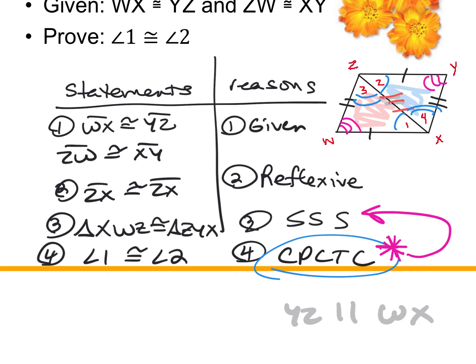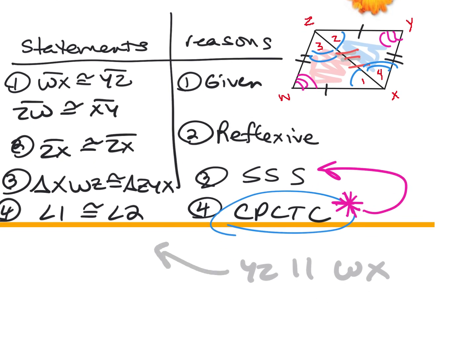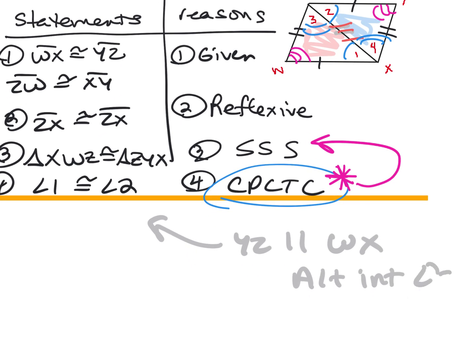But we can't use the alternate interior angles theorem to show that 1 and 2 are congruent. Does that make sense? Okay. So if they ask you to do one more step, you would have had to put that, but then this would have been another step, and the reason would have been by the alternate interior angles converse. So if they modified it, yes.